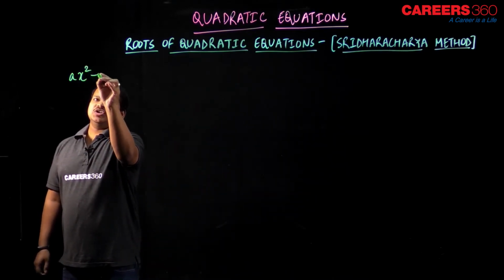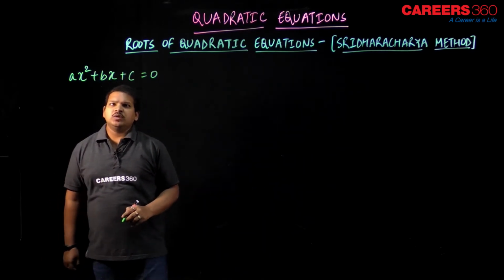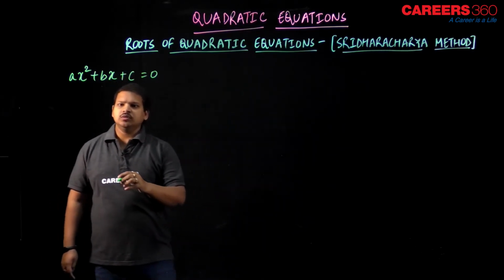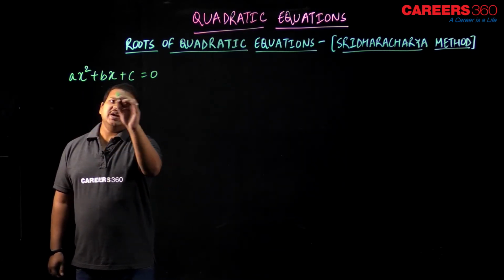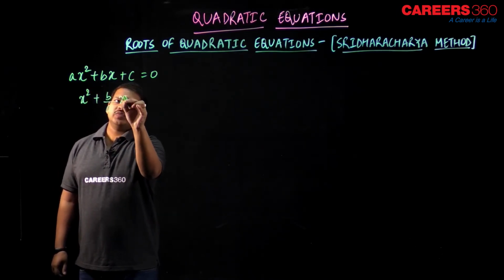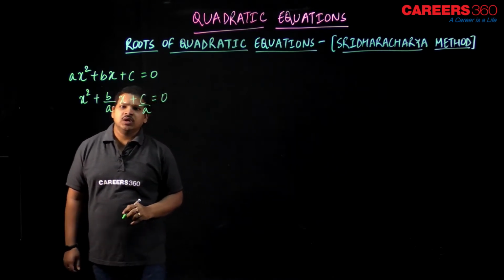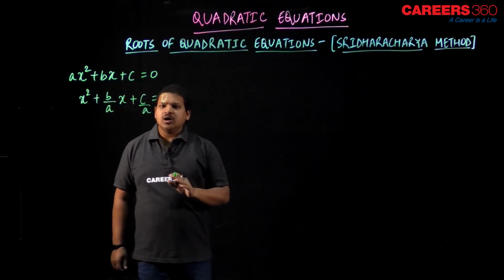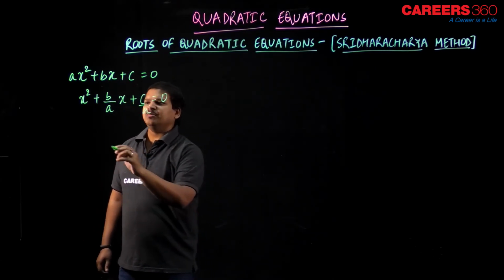This is the general form of a quadratic equation, that is ax square plus bx plus c is equal to 0. Now, what will we do? We will divide this entire equation by a. So it will become x square plus b upon a x plus c upon a is equal to 0. I hope it is clear to you. Now, what I am going to do is multiply and divide 2 in the middle term.